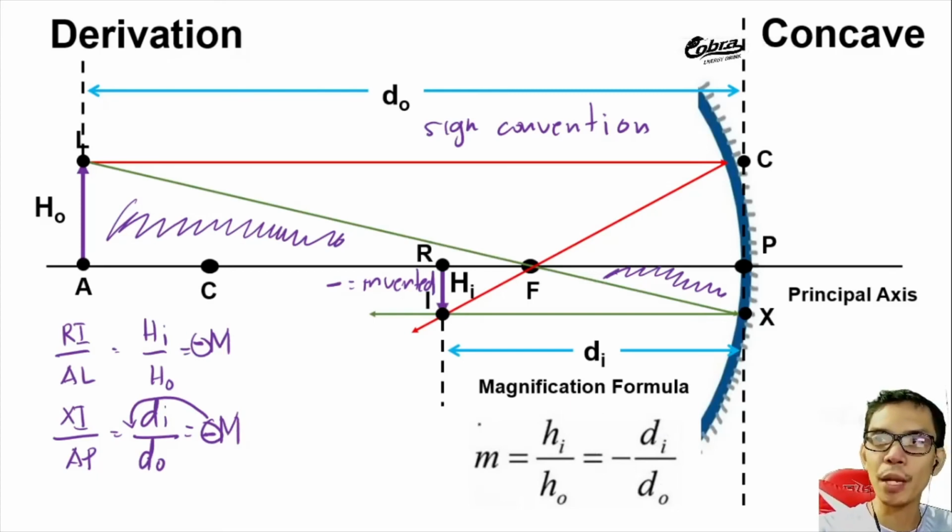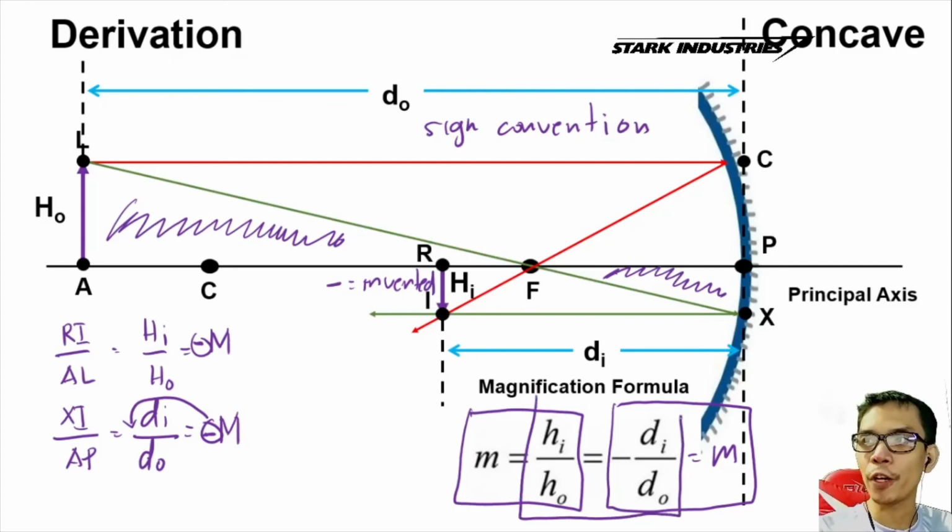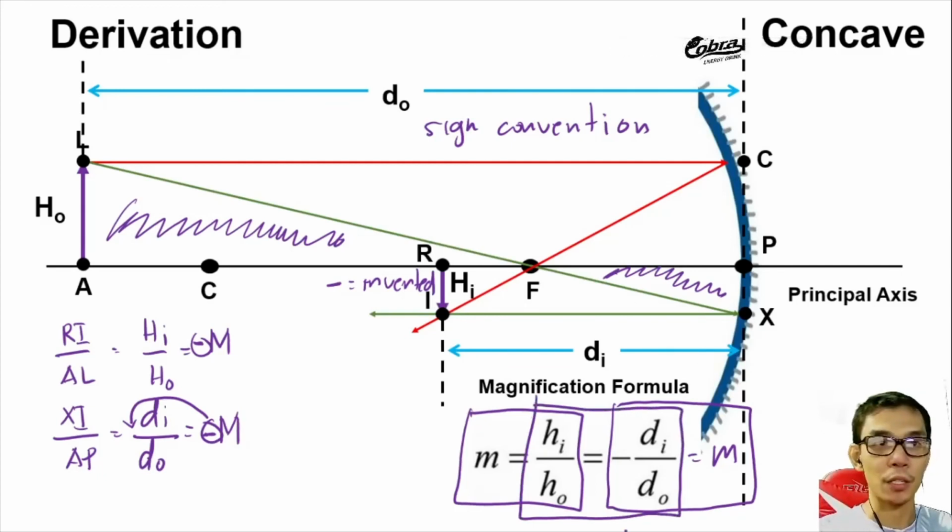So how does the formula work? You can compute the magnification using this one. Also, you can compute the magnification by just using the distances. Or, you can use these four terms to find the missing term.